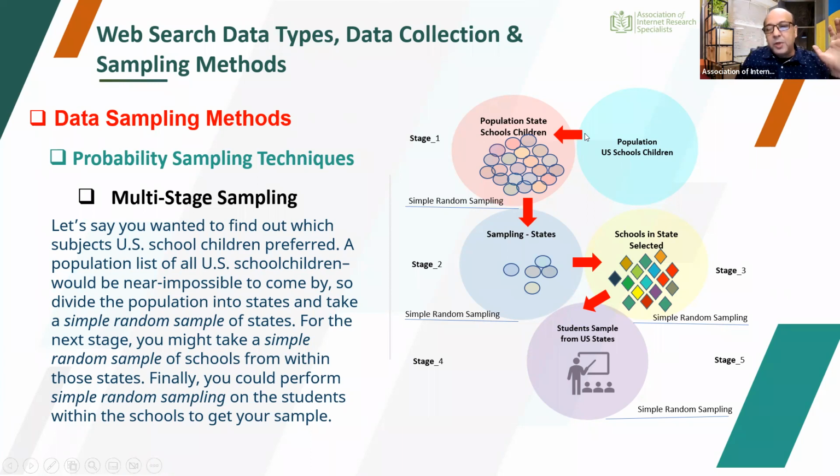So first, what you do is you apply random sampling to select the state schools. And then, when you're doing your state school selection, you can do stratified sampling, you can do random, it just depends. But this could be the first stage. In the second stage, you want to narrow it down further.